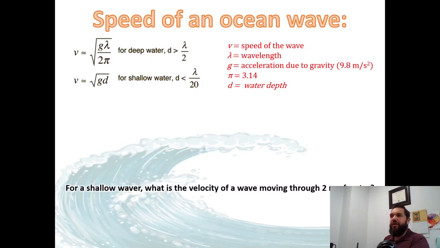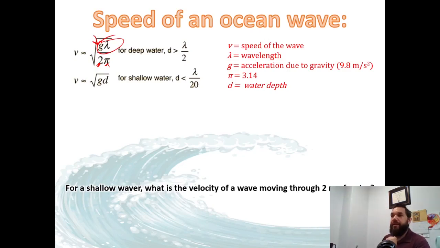It depends on the wavelength. All the rest of those things are constants. g is a constant, 2 is obviously just a number, and pi is a constant. The value of pi never changes. The value of g never changes. The 2 is 2. So what does the velocity depend on for a deep water wave? It depends on lambda, the wavelength.